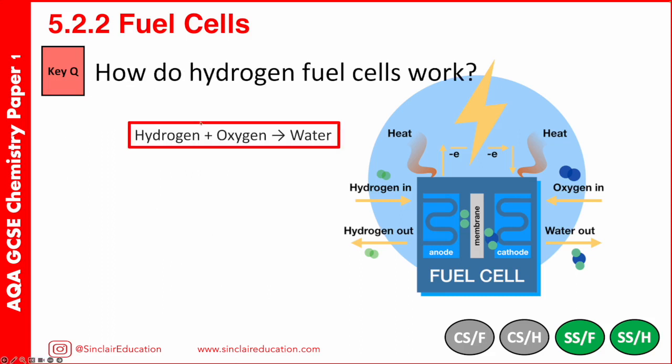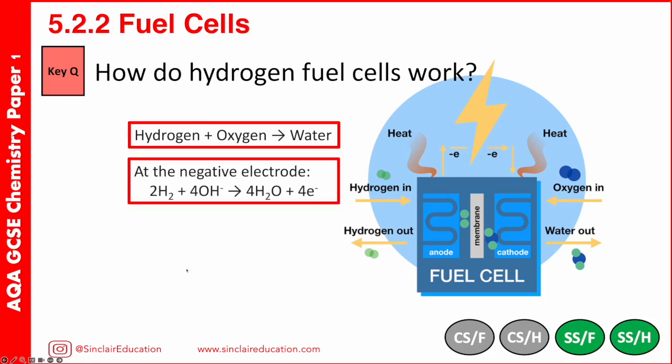So be prepared to explain how these work, and in particular to write some half equations of what's happening at the anode or the cathode. So at the negative electrode, what we've actually got going on is that hydrogen and hydroxide ions are making water plus electrons.